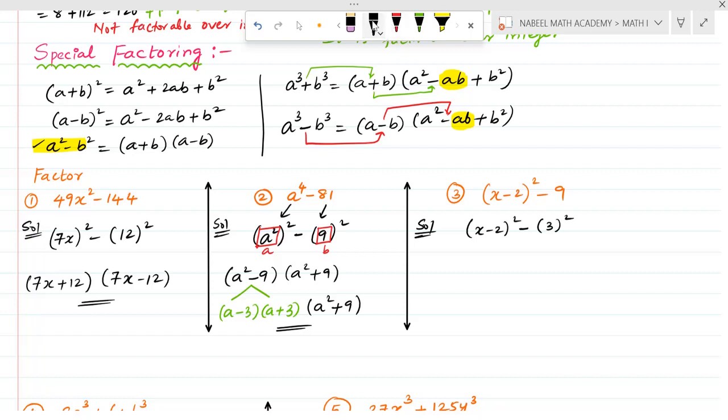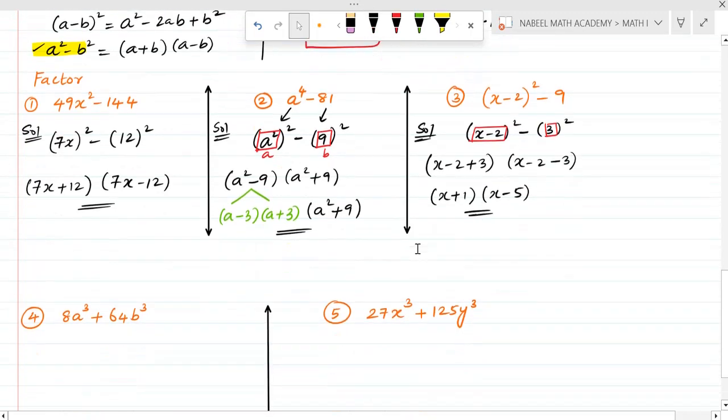It's the same rule, one plus, one minus, where this is my a and this is my b. So I can write this part as x minus 2 plus 3, x minus 2 minus 3. So this is the rule. Now simplify this part, you will get x plus 1, x minus 5. That's it. So this is the factoring.